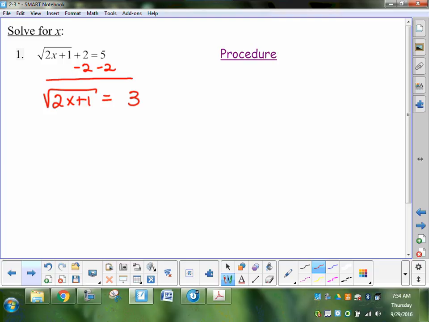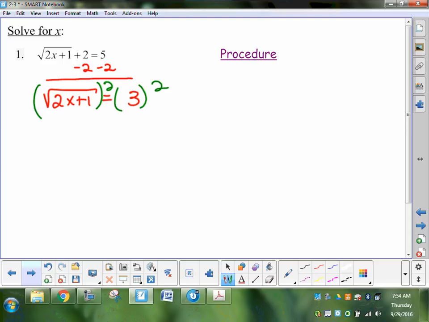Now, once you've isolated the radical, Alexa, what do you do to get rid of the radical? No, radical is a square root. What's the opposite of square root? Square both sides. There you go. So now, when I square both sides, what would I be left with on the left-hand side?